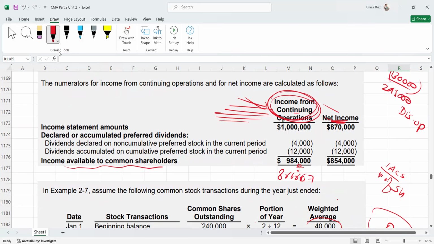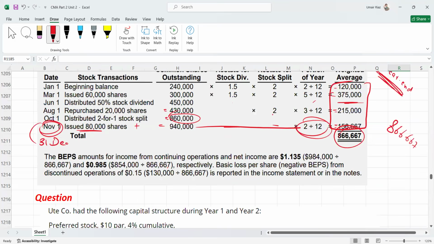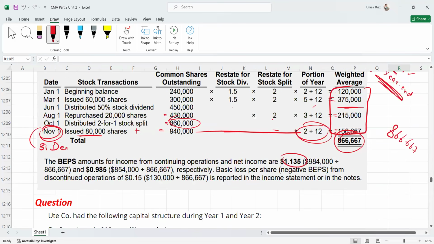And here also, income available to common shareholders, net income, is 854,000 divided by 866,667. These are outstanding, and you will get these two EPS. First EPS will be 1.131. Second EPS will be 0.981. So this is how you will calculate.